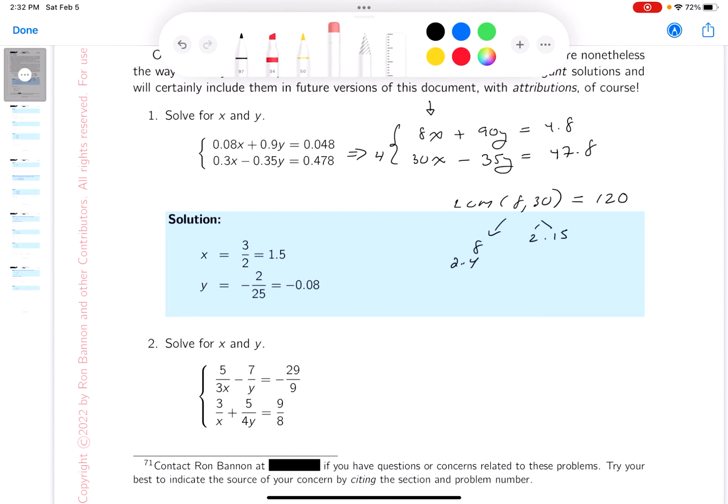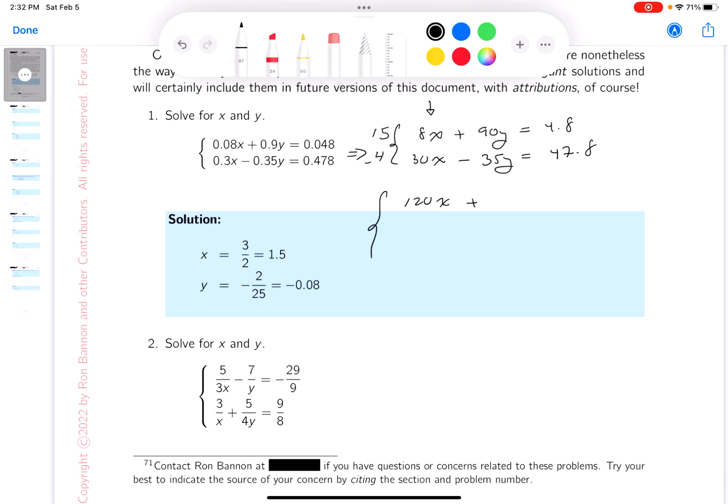Let me get my eraser out. And let's see, 8 times 15 now, right? Okay, not that bad. I mean, 8 times 15 is 80 and 40, 120. And let me make this a minus sign over here, and let me see if I can do this. So 120x, and let's see.